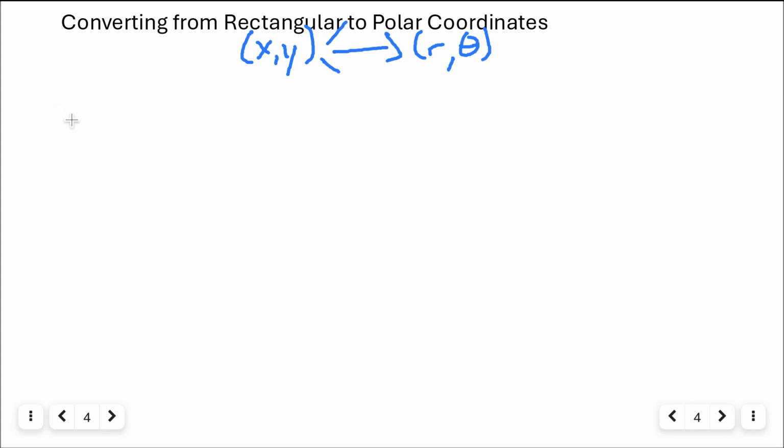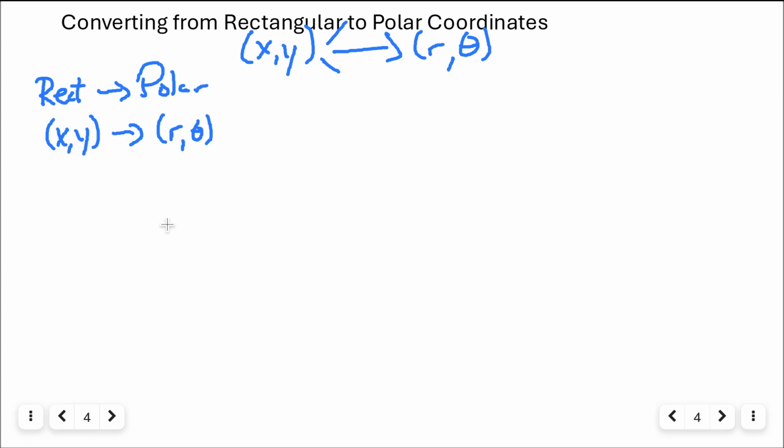Okay, so let's start by going from, let's say, x comma y to r comma theta. So we're going to go from rectangular to polar. So that means I'm given a coordinate with an x coordinate and a y coordinate, and I need to convert it to r and theta.